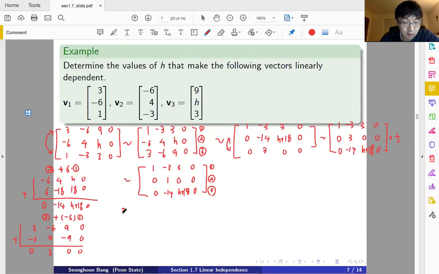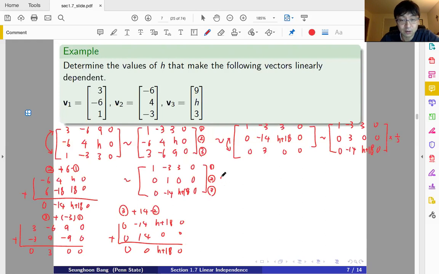I can do that: third row plus 14 times second row. 14 times second row is 0, 14, 0, 0. And add the two rows: 0, 0, h plus 18, 0.